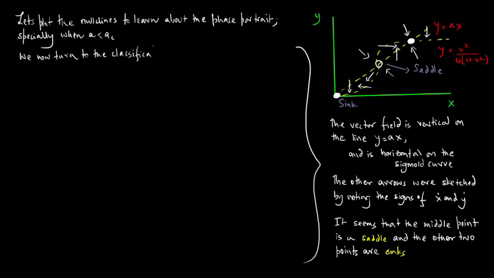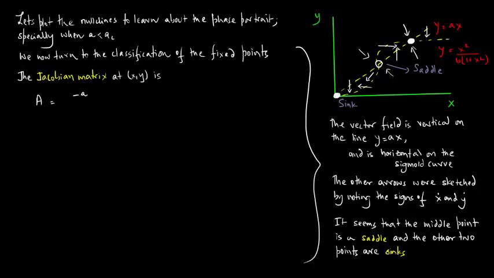We now turn to the classification of the fixed points. The Jacobian matrix at x, y is A, equal to minus a, 1, 2x divided by 1 plus x squared, whole squared, minus b. A has trace minus a plus b, which is less than 0.